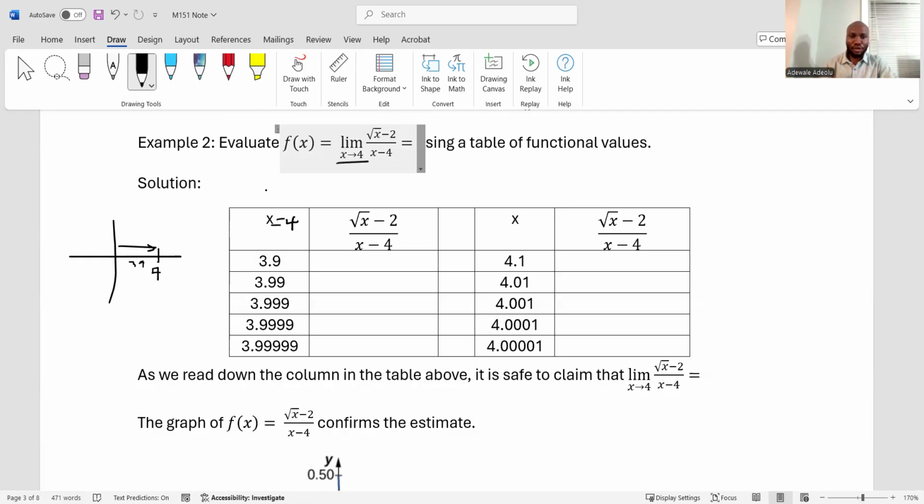So if we plug this in a calculator, you can pause this video and try to evaluate that function at those points. So you can pause the video to do that. Let me try to get a few of them done.